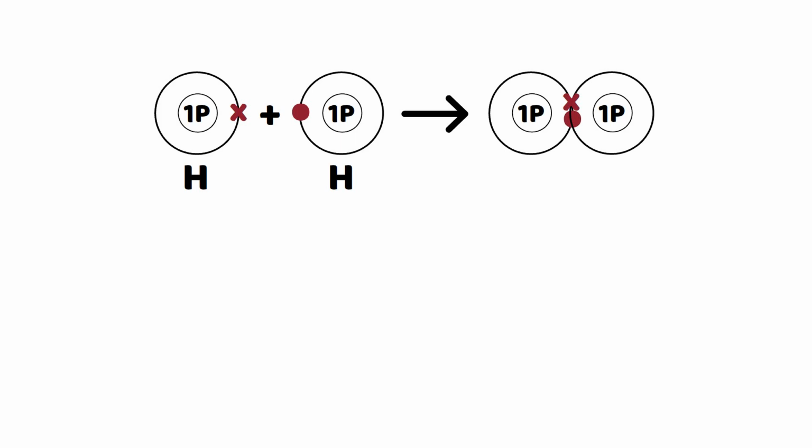So you see the left side hydrogen has 2 electrons now. The right side hydrogen also has 2 electrons. The last shell of both hydrogens is complete. So the two hydrogen atoms can exist freely in this combined form as H2 molecule.